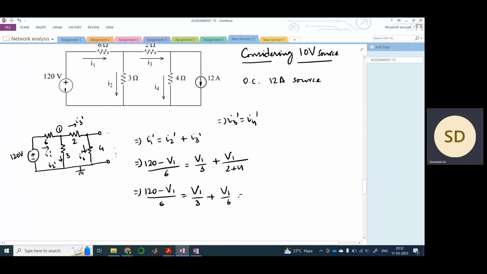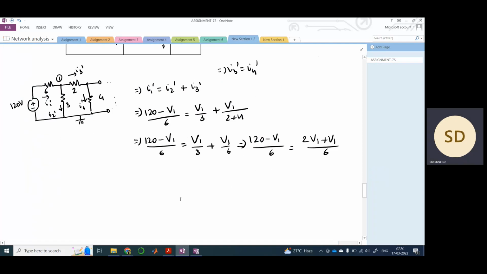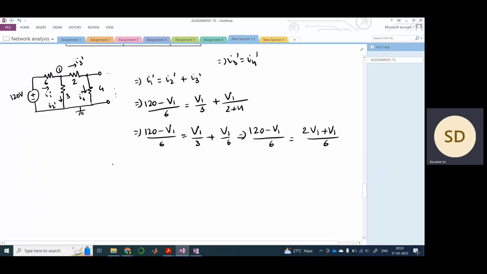So this would be 6, right? And how much would this be if we simplify? This would be 2V1 plus V1, right? So (120 minus V1) by 6 equals 3V1 by 6.